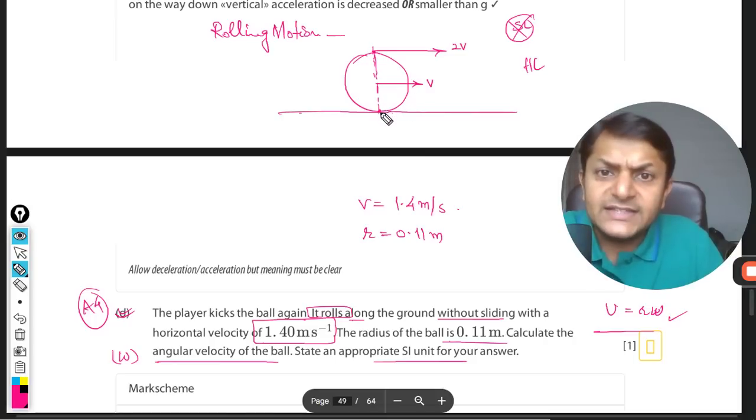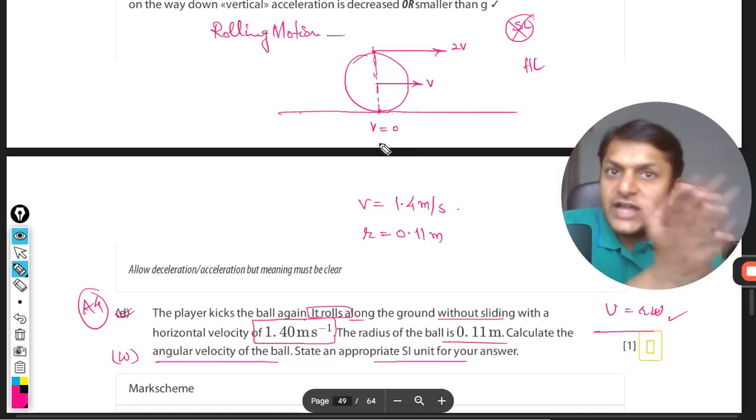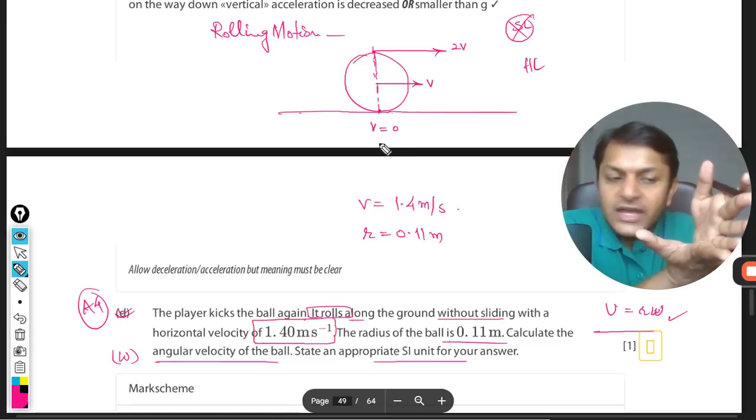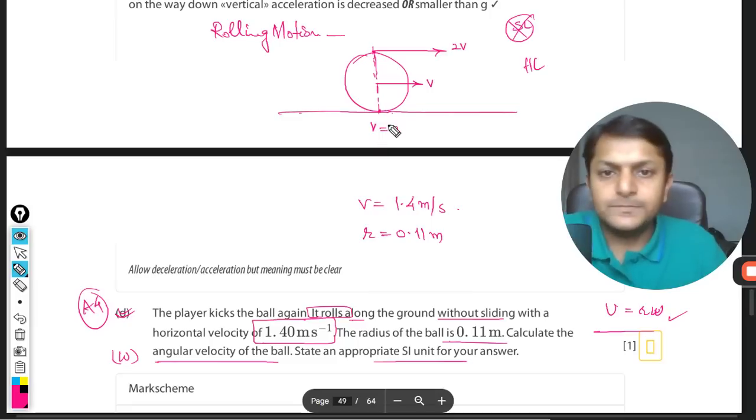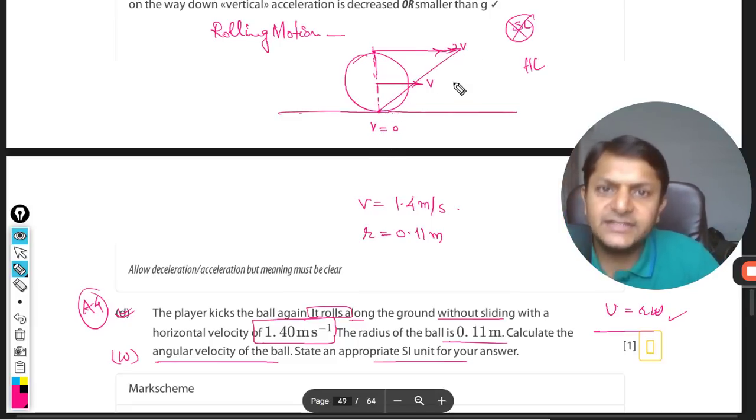So we can say that the translational velocity at this point is zero, because they are in contact with each other and not sliding there. So there is no velocity. So this is the velocity profile that exists here.